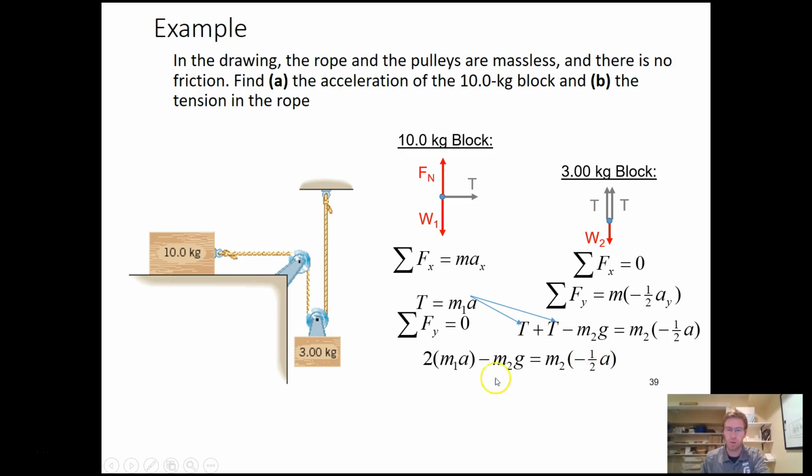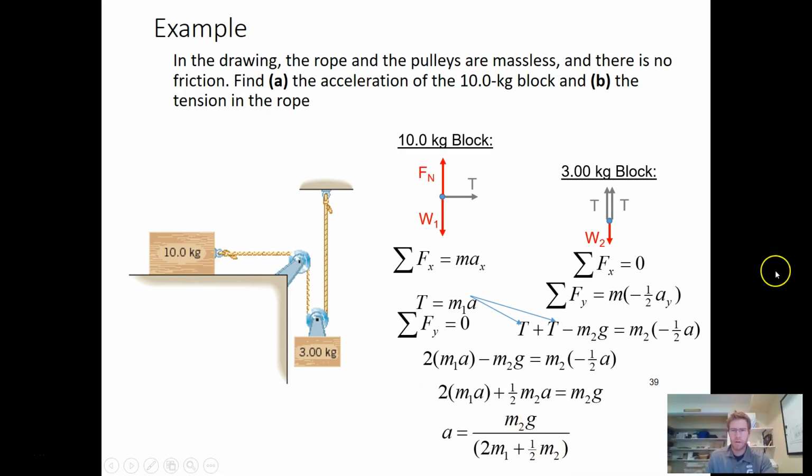Acceleration is our only unknown, so we can use algebra to solve for acceleration. Get our accelerations together, factor out acceleration and divide, and you find that acceleration is equal to the weight of the 3 kilogram block divided by 2 times m1 plus 1/2 m2, keeping in mind m1 is 10 kilograms and m2 is 3 kilograms.